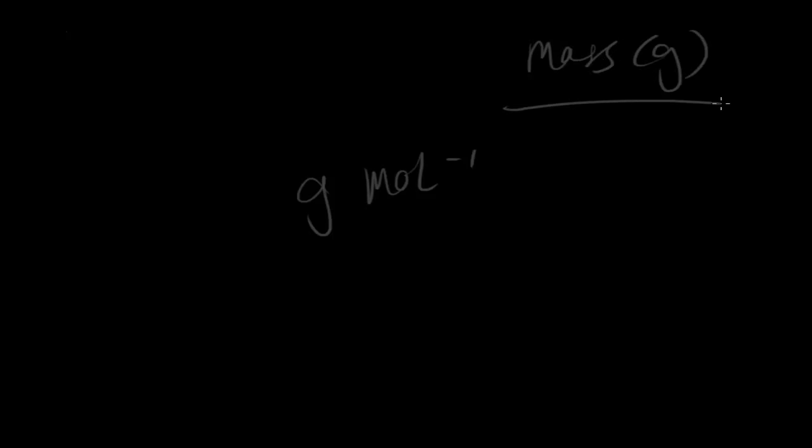Let me just get rid of all of this stuff. So far we've covered that the units of molar mass are grams per mole, and it's found by dividing the mass in grams by the number of moles in mole.